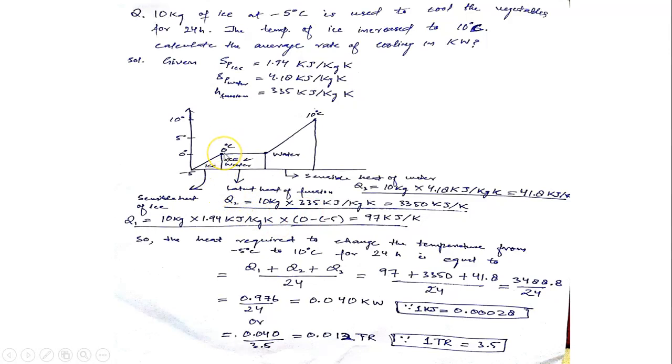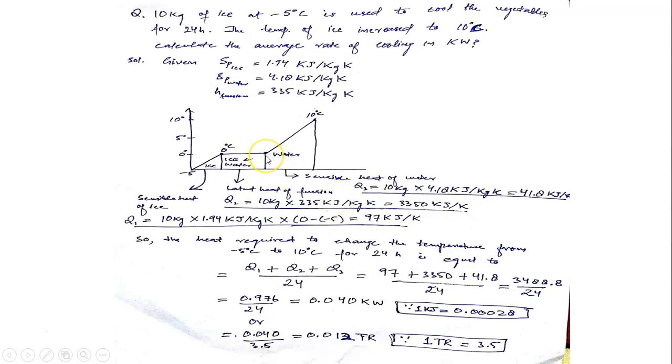Similarly, after 0 degree centigrade, there is a conversion of ice into water, so it will be the latent heat of fusion, and this is calculated through this formula, and it becomes 3350 kilojoule per Kelvin.